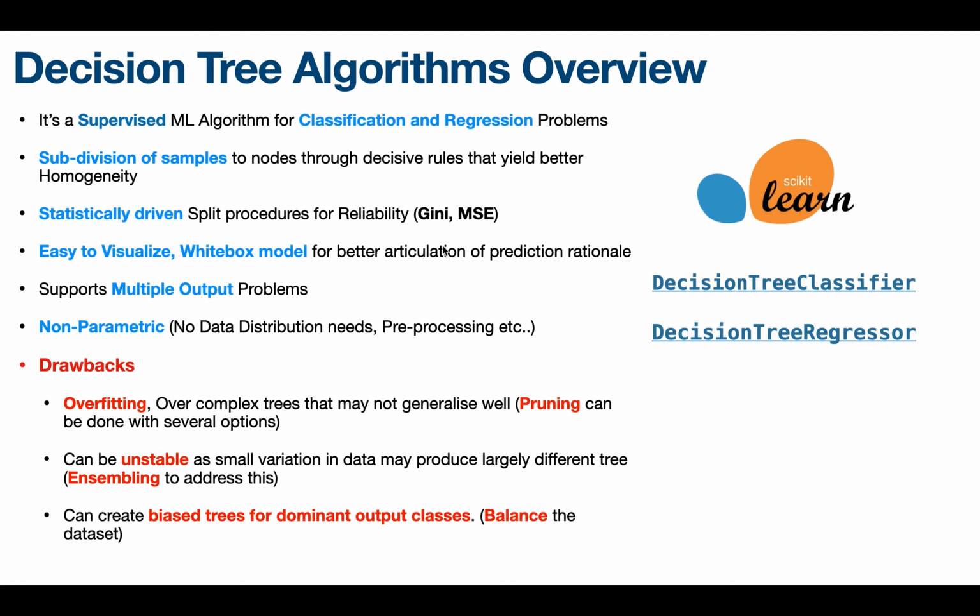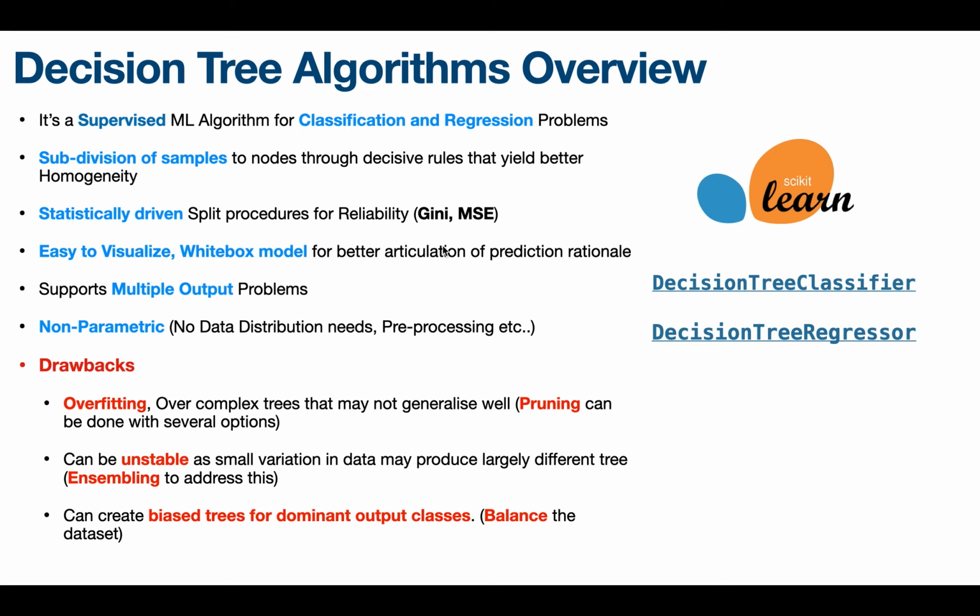This can also create biased trees for dominant output classes. What this means is, let us say we're talking about customer churn as an example: customer stays or customer leaves. If the data is not balanced, then the tree could be biased to one particular class of the output.